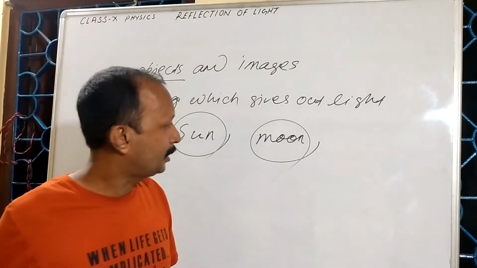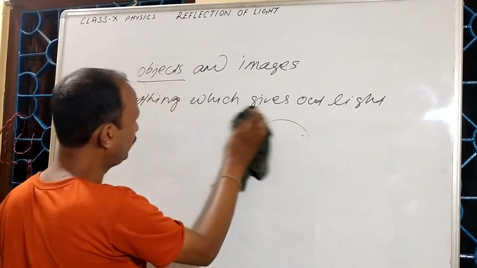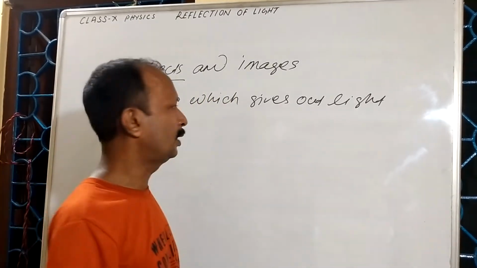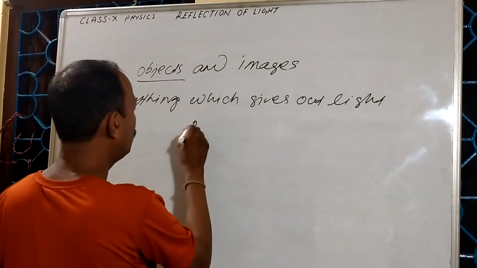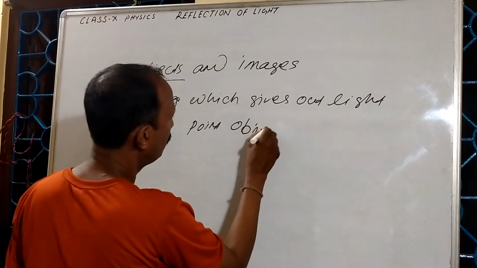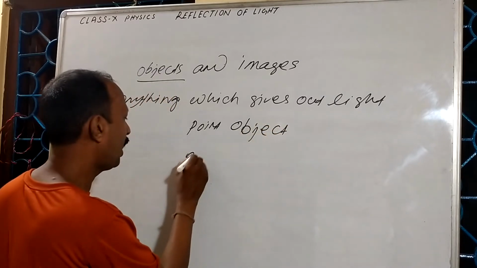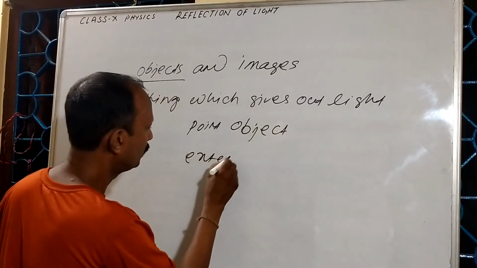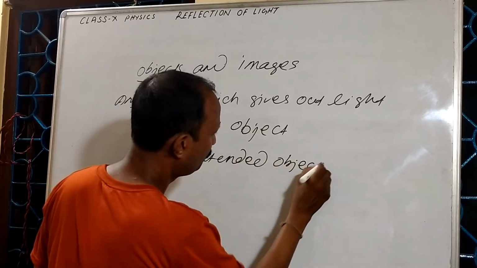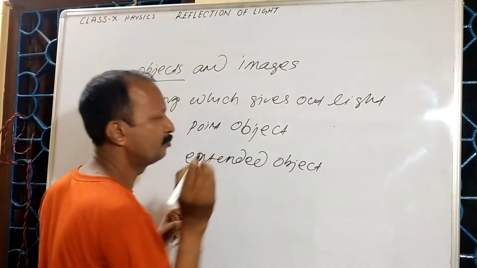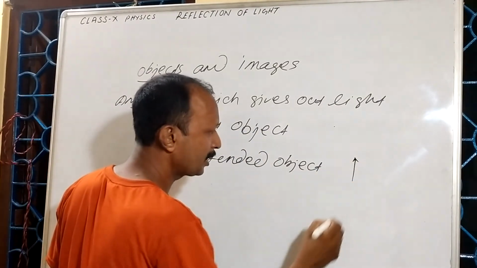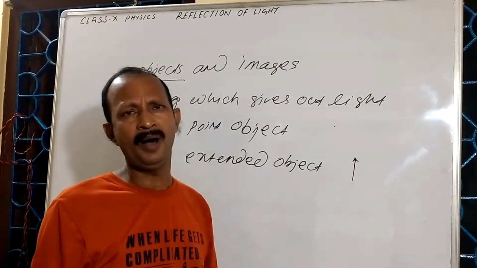In this topic, whenever we draw the ray diagram, we will use two types of objects. One is the point object, one is the extended object.